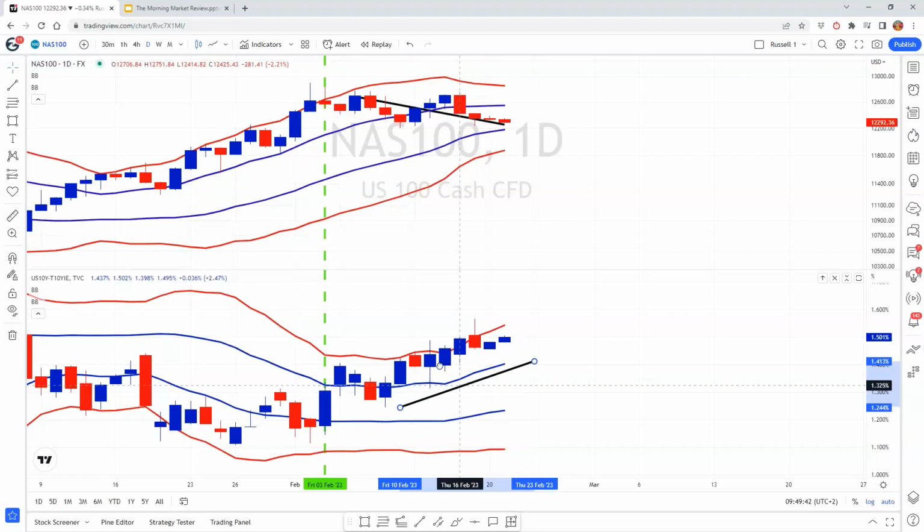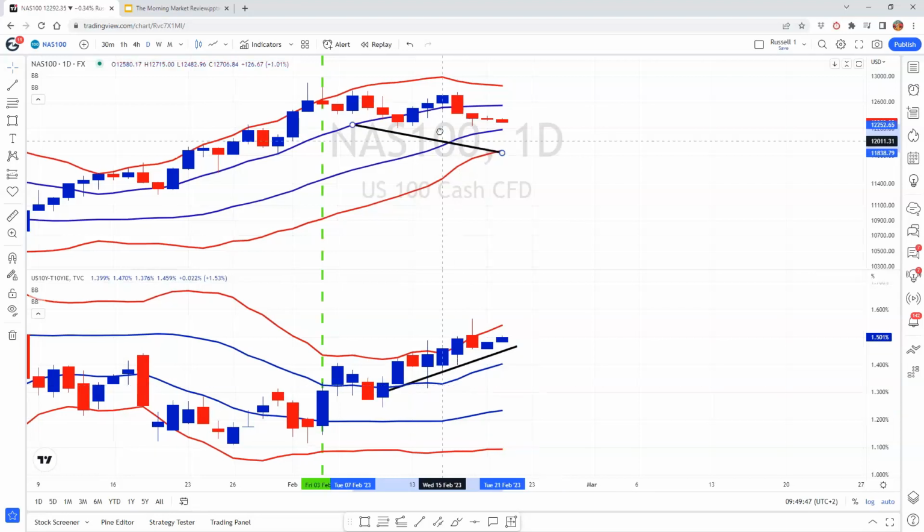Now there is a nuance here. We're going to just move this onto another level, okay? So a higher interest rate, by the time value of money, it brings the NASDAQ down.